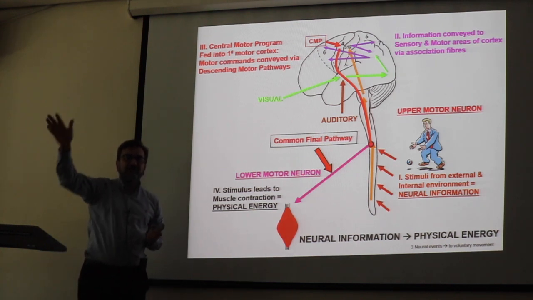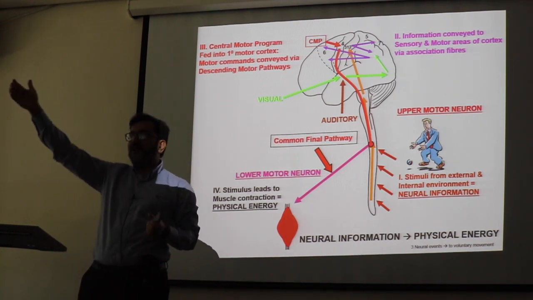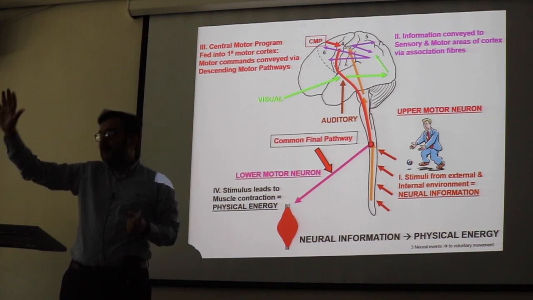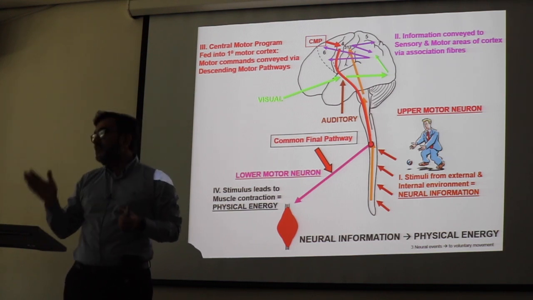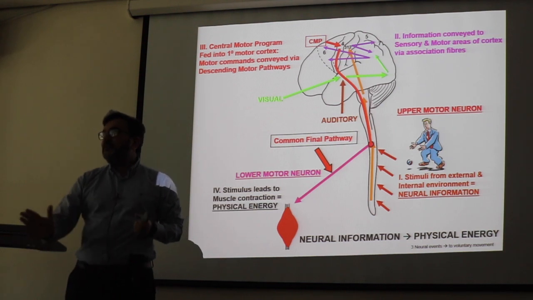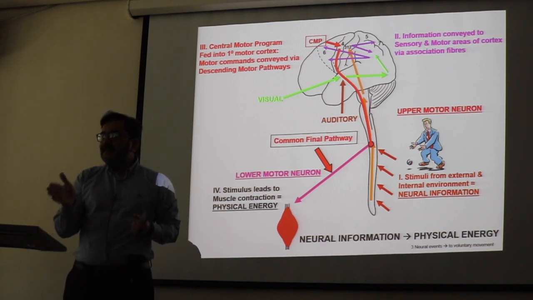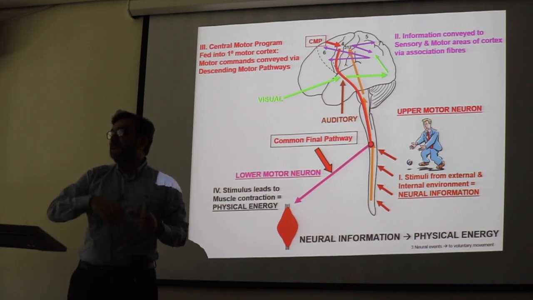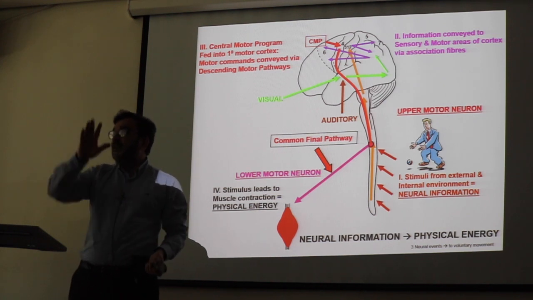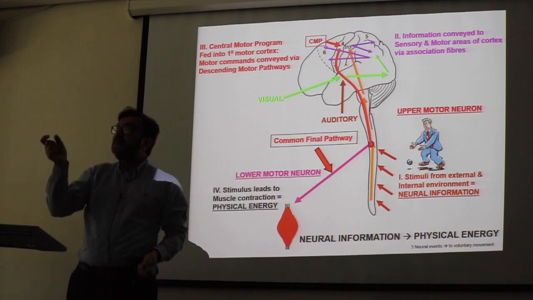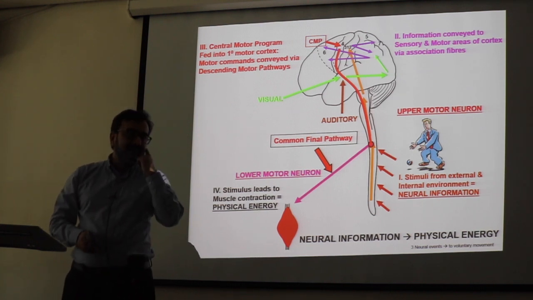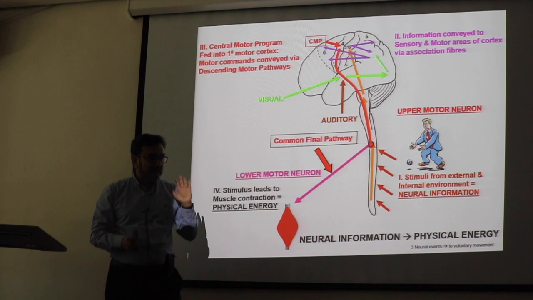Upper motor neuron is either corticospinal or corticobulbar or corticonuclear, whatever terminology you want to call it. Lower motor neuron is either the anterior gray horn cells in the spinal cord or the spinal nerve or the peripheral nerve, whichever is supplying the muscle. And in terms of the brainstem, it could be the motor cranial nerve nucleus or the cranial nerve which is supplying the muscles in the head and neck region.